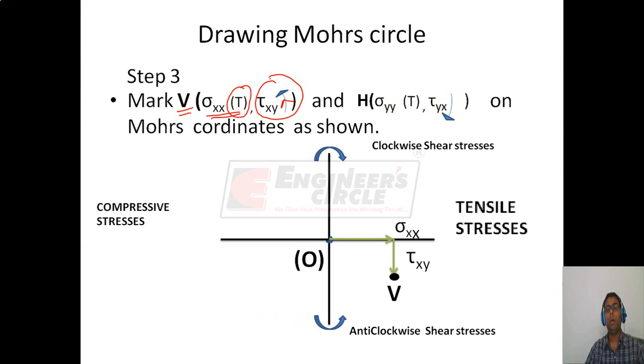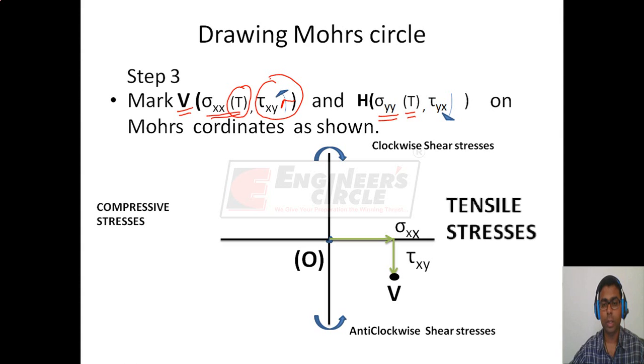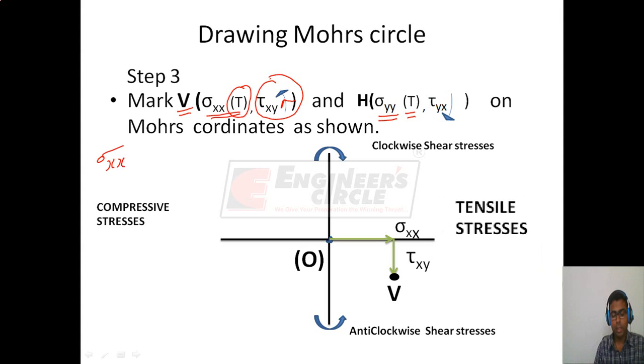Similarly, for marking point H, the normal stress is sigma yy, which is again tensile, so it has to be marked on the right side of the origin. In this case, let us assume that sigma xx is greater than sigma yy. Therefore, sigma yy can be marked like this.